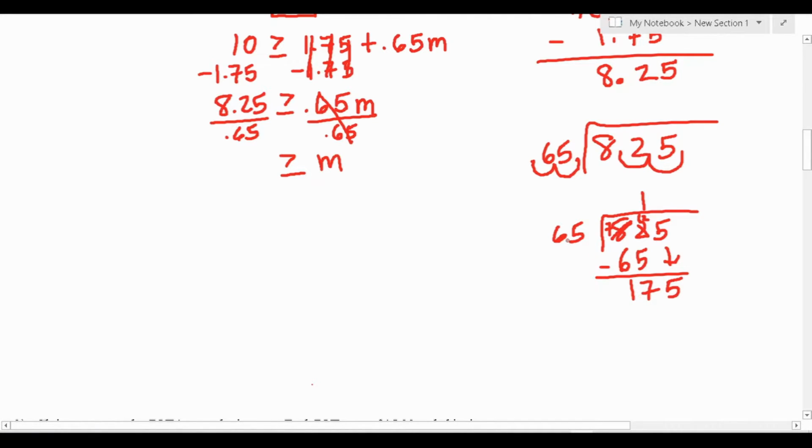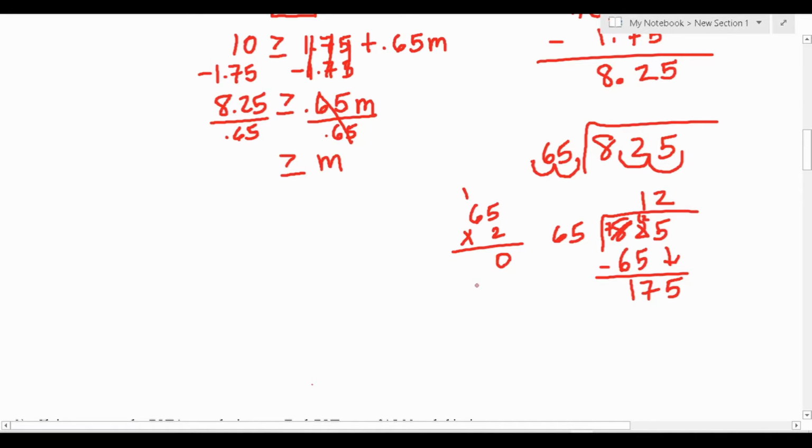Now the question is, how many times does 65 go into 175 without going over? Well, 60 times 3 would give you 180. Therefore, we know 65 times 3 is going to be bigger than 180. So we know this is going to be 2 times. Let's go ahead and work that out. 65 times 2, in case we can't do it in our head. 5 times 2 is 10.